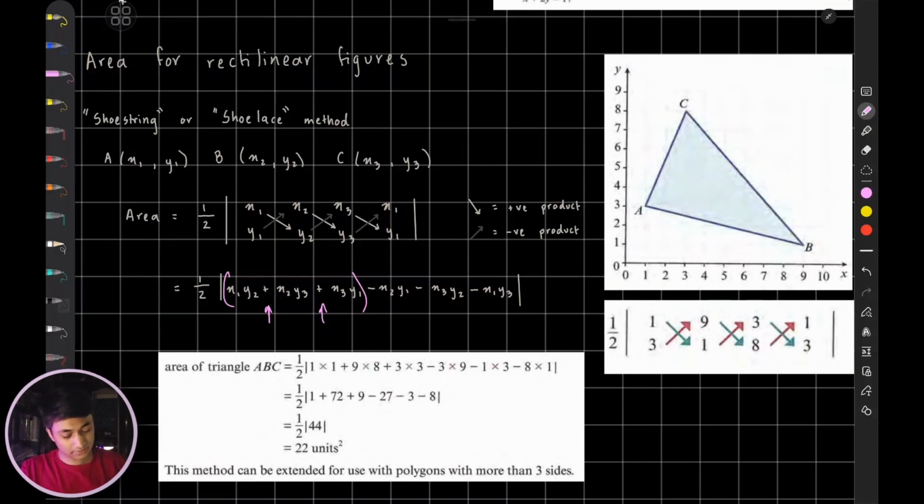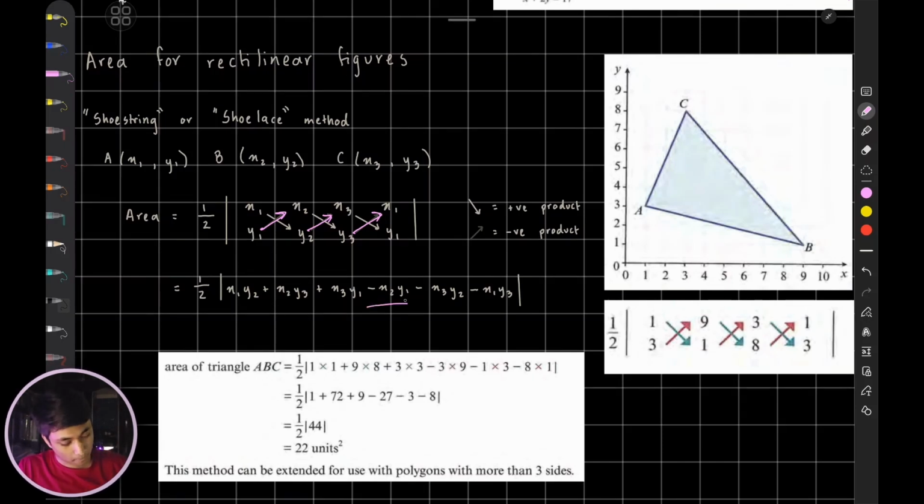Fair enough? Great. Next, what you're going to do is y1 times x2, y2 times x3, and y3 times x1. So you're now drawing an upward right arrow. Upward right arrow. So you are now going to subtract these values.